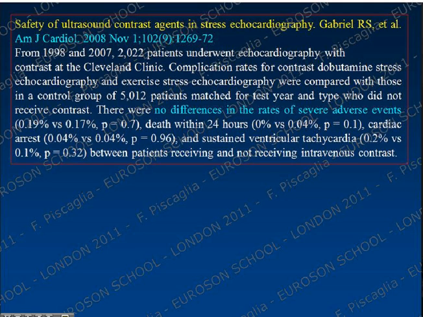Clearly, if you just see that a patient is injected contrast and then dies within 24 hours, you may think about a causal relationship. But you should consider that these are all severely ill patients, so they imply a risk of dying within 24 hours, whatever you inject or administer to them. And indeed, this comparison clearly shows that the risk is not related to the injection of contrast.